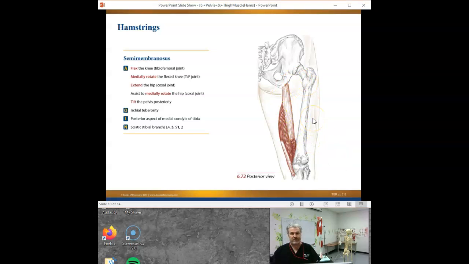Semimembranosus is right here. By the way, your book does lots of talking about medially or laterally rotating your femur with these hamstrings.